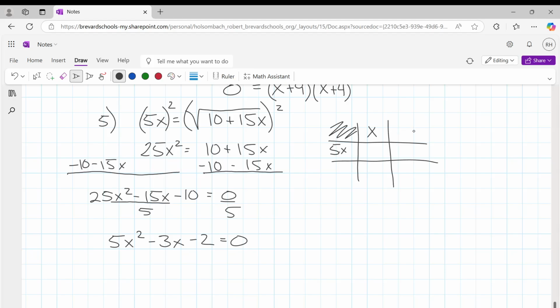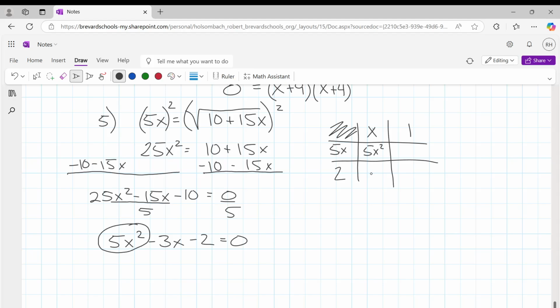The factors of 2 are going to go in the top right and the bottom left. But we're going to use this as a matrix at the same time. So I'm going to put a 2 here and a 1 here. Now we multiply through this matrix. So 5x times x is 5x squared. That matches this first term.